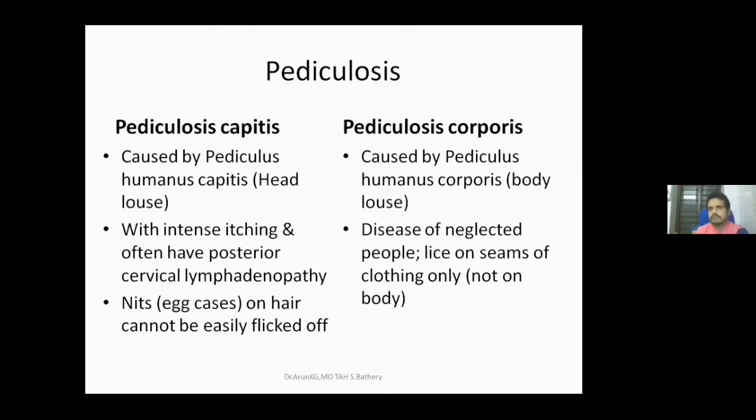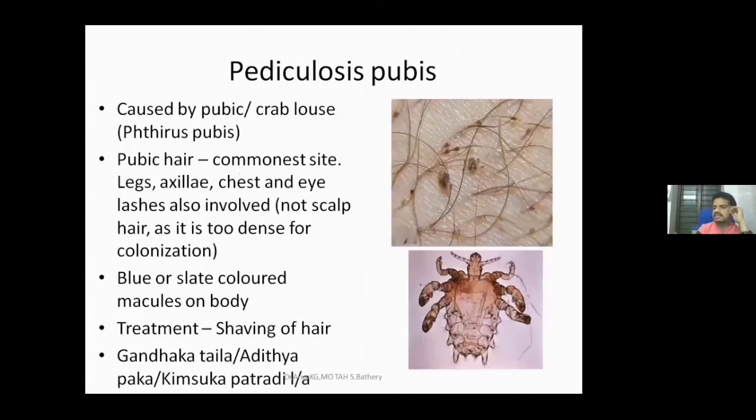Then pediculosis corporis usually occurs in neglected people. Pediculosis pubis we usually get in young individuals. Here Phthirus pubis is the causative organism, and it is a crab-like organism that is not that familiar among people.